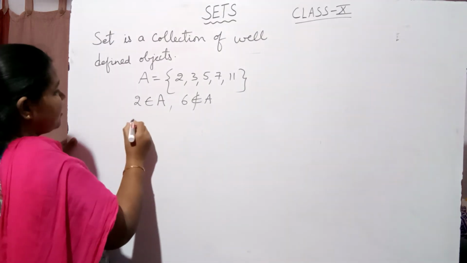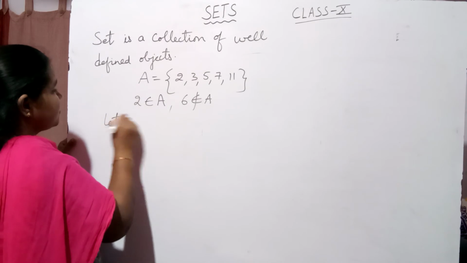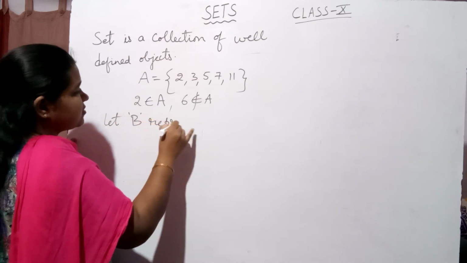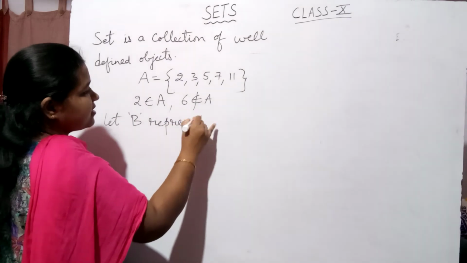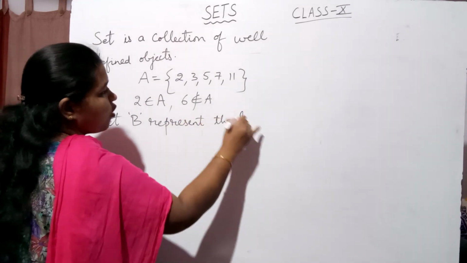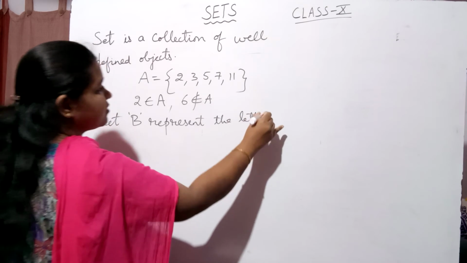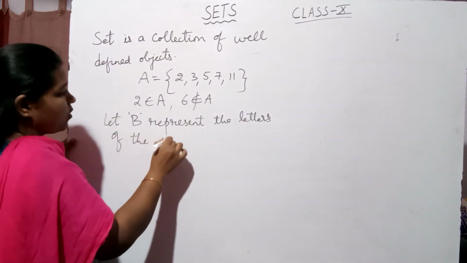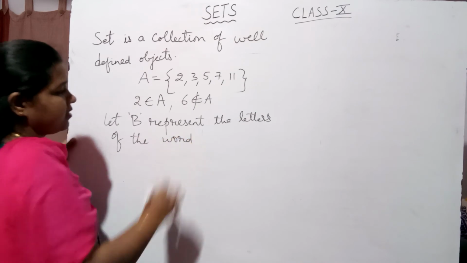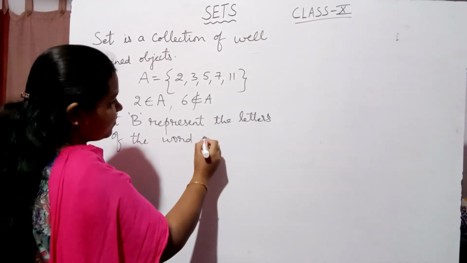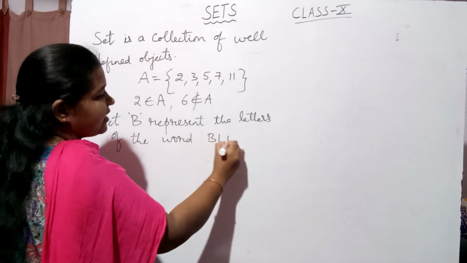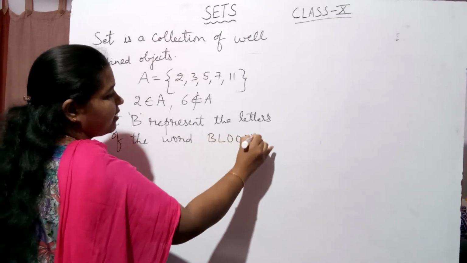For example, let capital B represent the letters of the word BLOODY, B-L-O-O-D-Y.